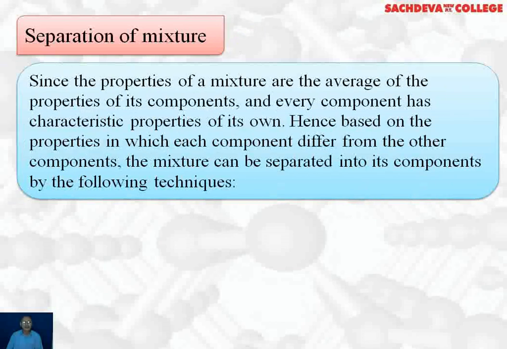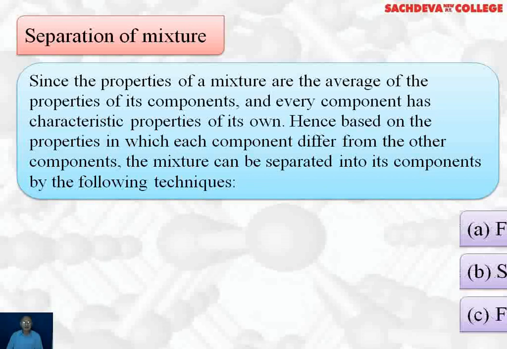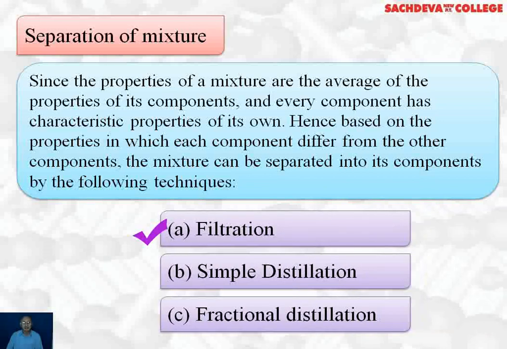Since the properties of a mixture are the average of the properties of its components and every component has characteristic properties of its own, based on the properties in which each component differs from the other components, the mixture can be separated into its components by the following techniques. The first, filtration.